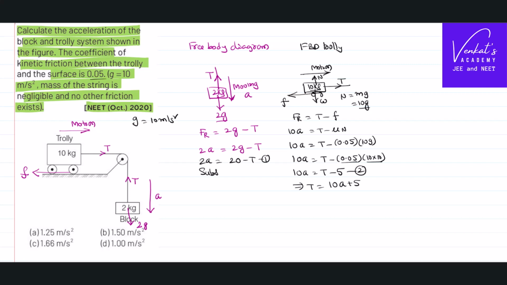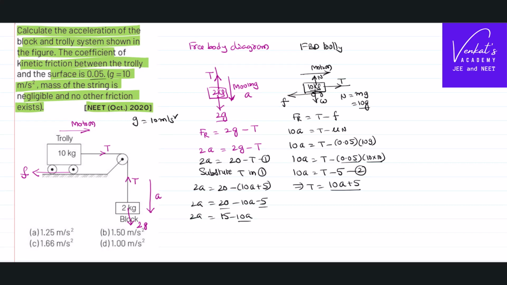Substitute in equation number 1 and see what happens. 2A equals 20 minus, in the place of T, 10A plus 5. So 20 minus 10A minus 5 equals 2A. 20 minus 5 is 15 minus 10A equals 2A.